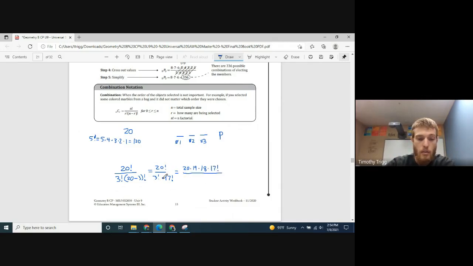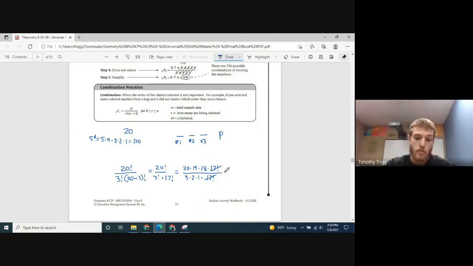Because underneath this, 3 factorial is 3 times 2 times 1, and then we have a times 17 factorial, which is from 17 all the way down to 1, right? You may notice that the 17 multiplied all the way to 1 on top, and the 17 down here, those can cancel.